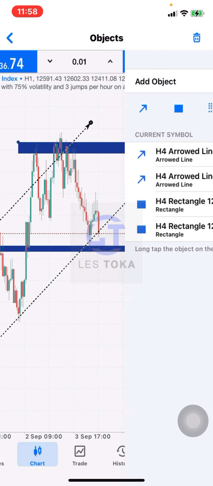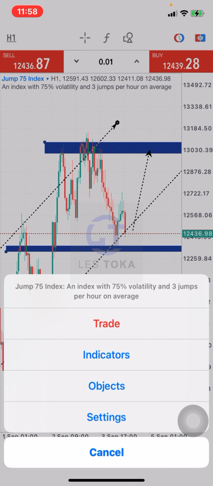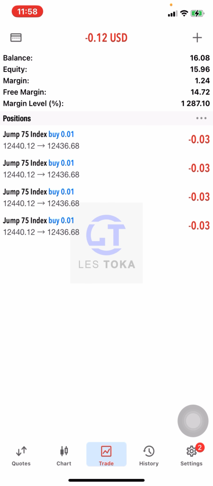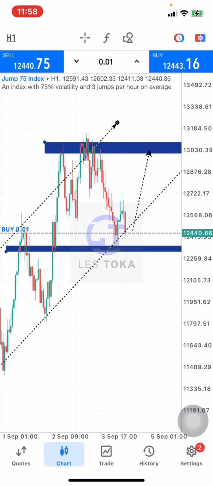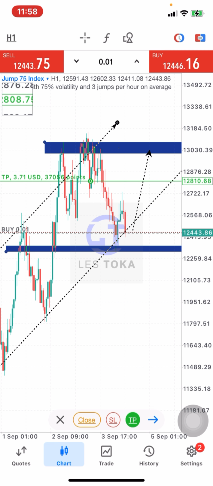So this is a form of a setup where the market will go up, and then after here it will continue going to the downside. This is the kind of setup, and then I'm just going to put 4 positions there, and our TP will just be at the top there.